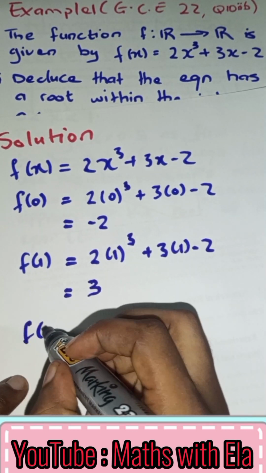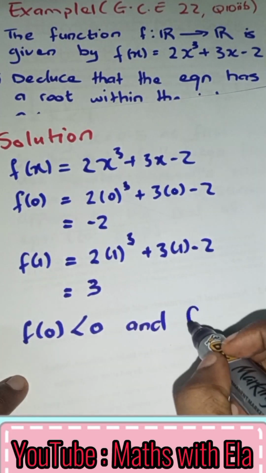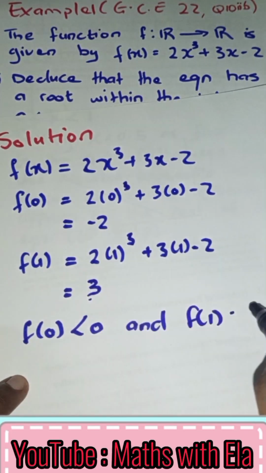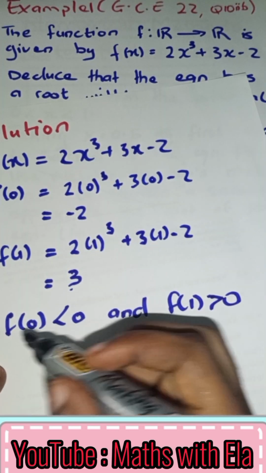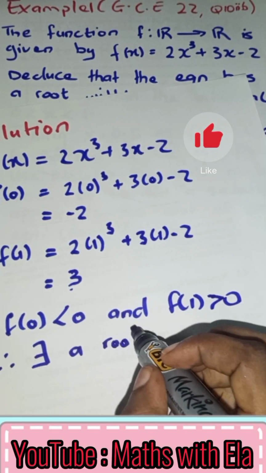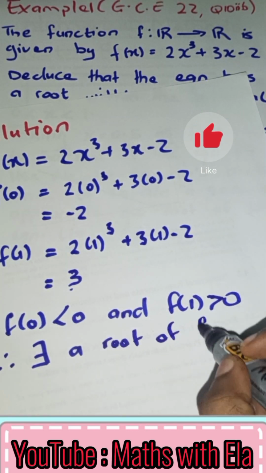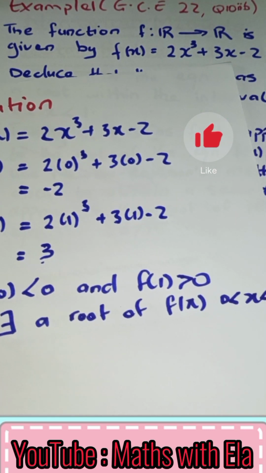So we notice that f(0) is less than 0 and f(1) is greater than 0. So we conclude that there exists a root of the equation f(x) in the interval 0 and 1.